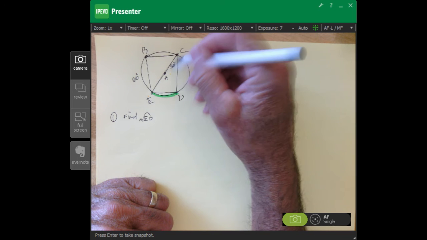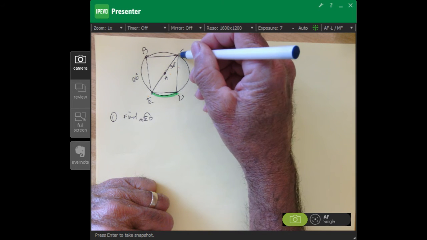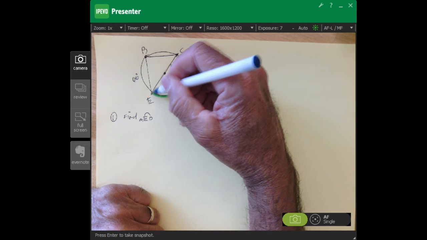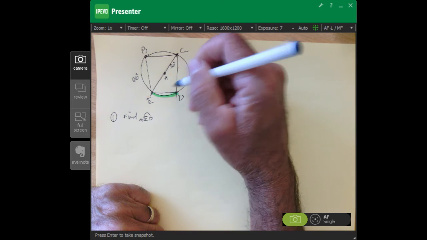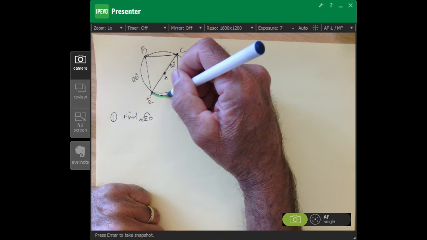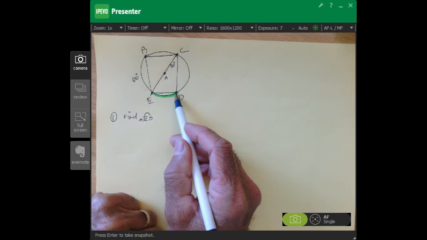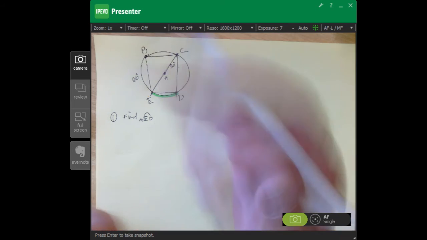So there we have a theorem. The theorem says that if we have an angle that's inscribed, it's inscribed if the vertex is on the circle, then the arc that it intercepts, which is this one, is going to be twice as big. Or you can also write it as saying the angle is half as big as the arc. The relationship's the same, right?